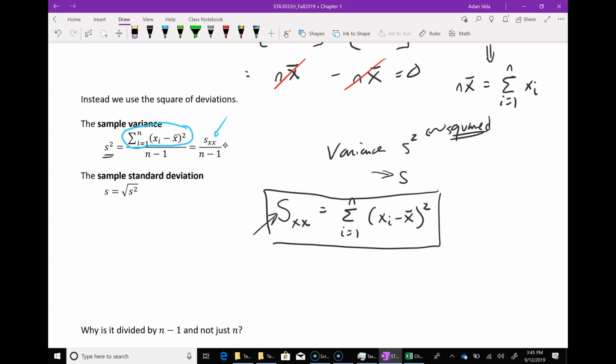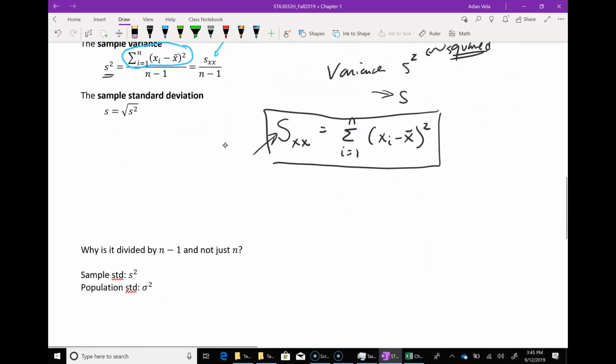All right, so again, the key point here is this is for sampled data. This should be variance.